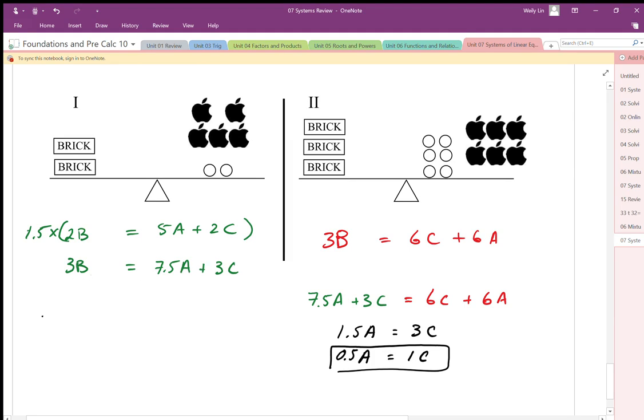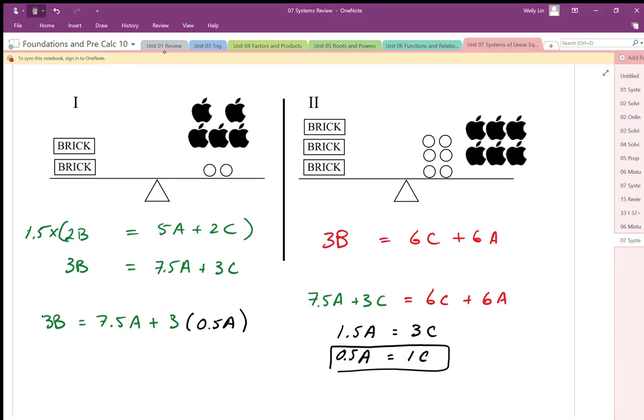So I end up with 3 bricks on this side is going to balance 7.5 apples, plus, instead of 3 circles, I'm going to replace each circle with half an apple. Okay, and by doing that, now I have just apples on this side.